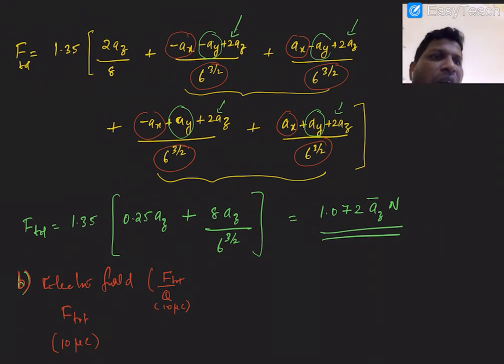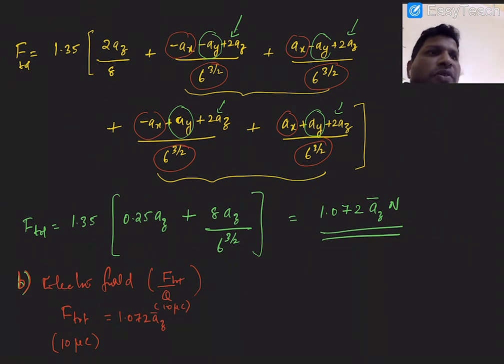So we can just divide this total force by 10 microcoulomb. So the total force on 10 microcoulomb is 1.072 into AZ newtons, okay.